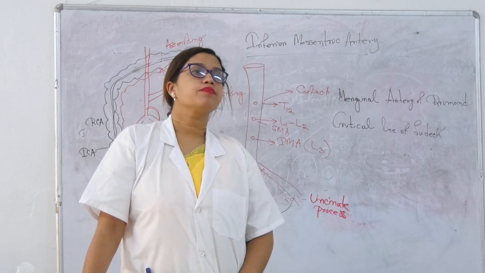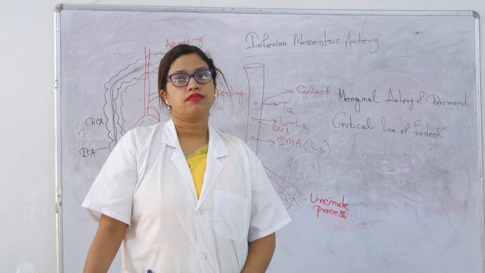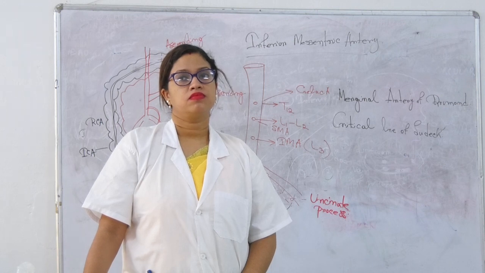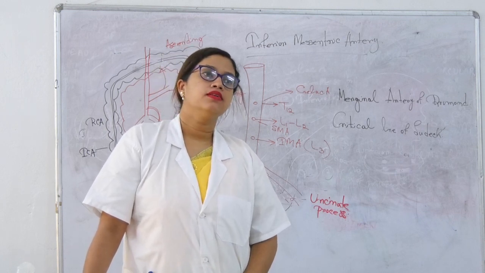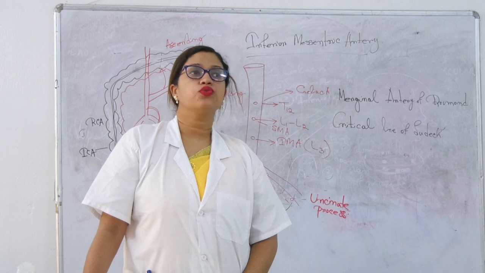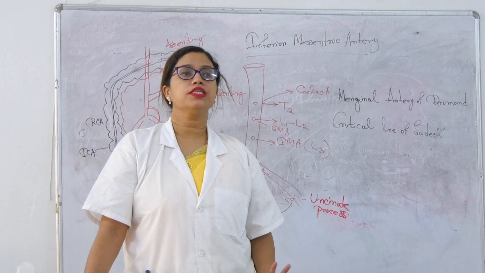Sleeve valve mechanism is by... then another one is valve by the spermatic cord. Okay, so these are the examples by which the inguinal hernia is prevented.